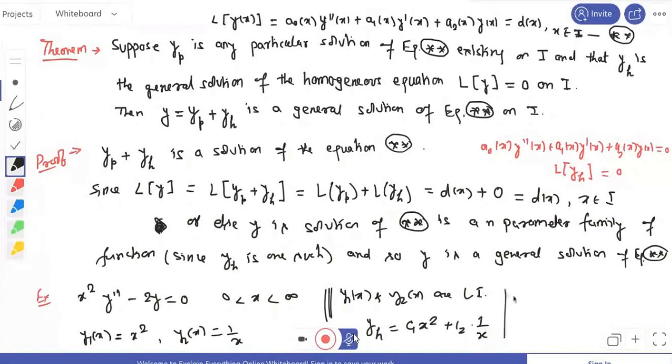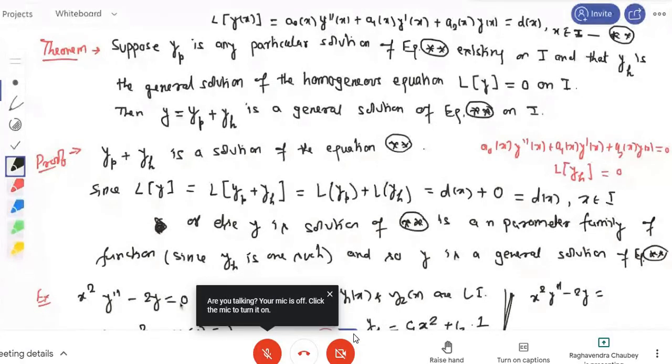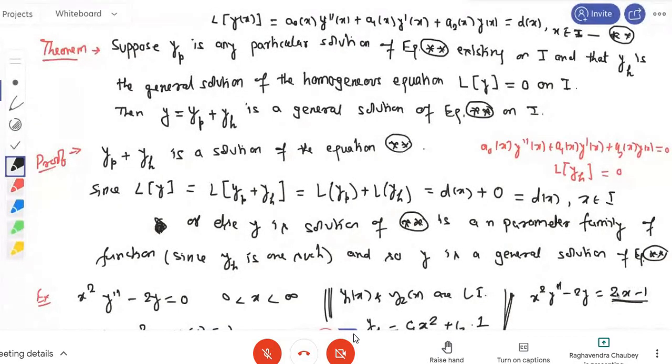Okay, so if this differential equation is like this, x square y double prime minus 2y equals 0, and if we write some non-zero part, that is dx, and dx is a continuous function on that domain, say dx equals 2x minus 1. Okay, so this is your dx, which is a continuous function.